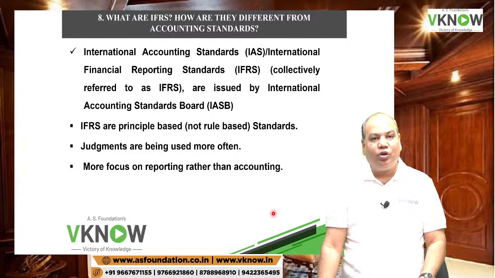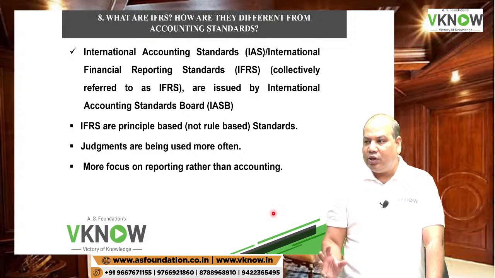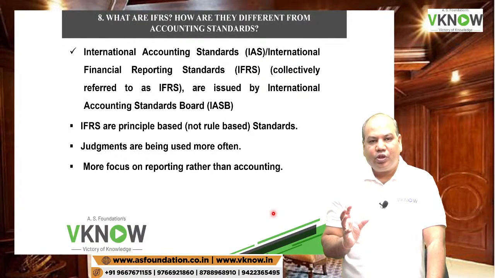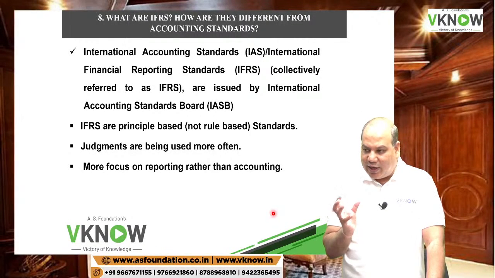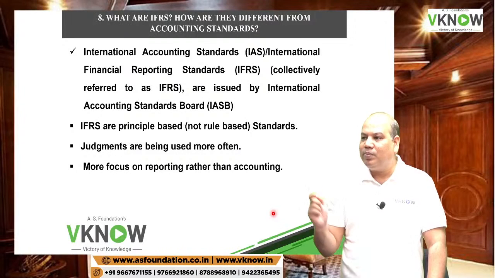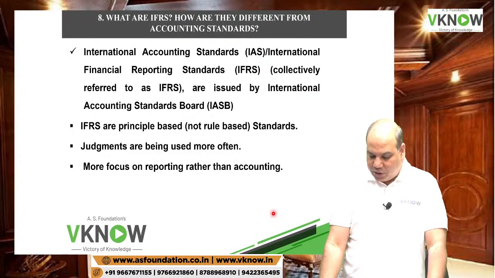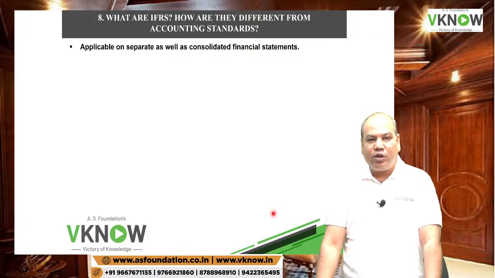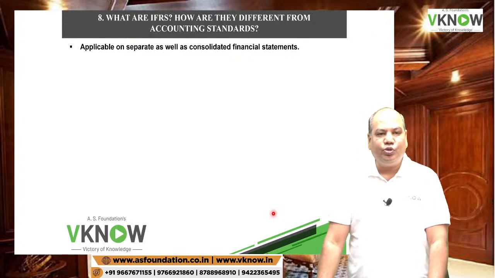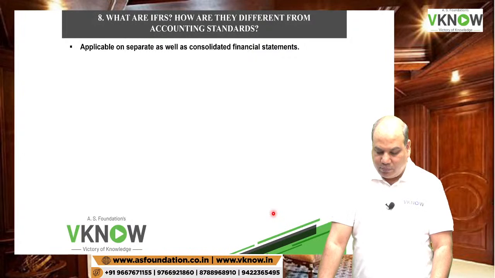More focus on reporting rather than accounting. IFRS says let us focus more on reporting. Let us make investors gain from the balance sheet and P&L account. It is not just to comply with your tax return or your company's return, but to make it more useful for the investors and other users of the financial statements.